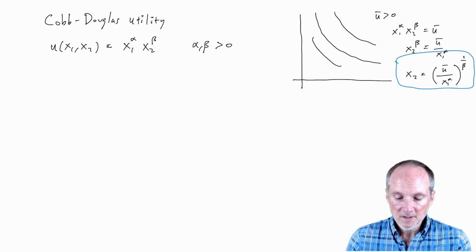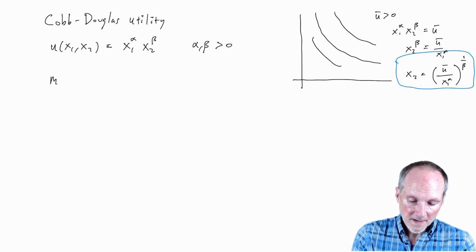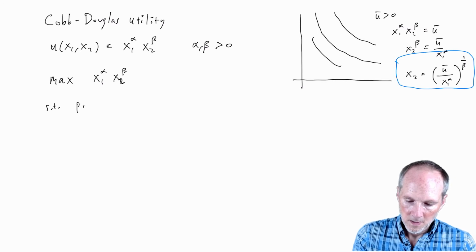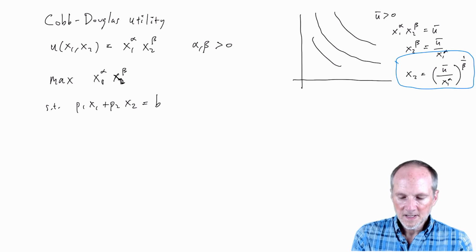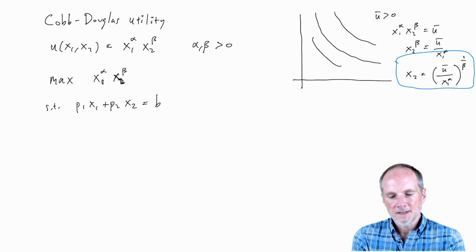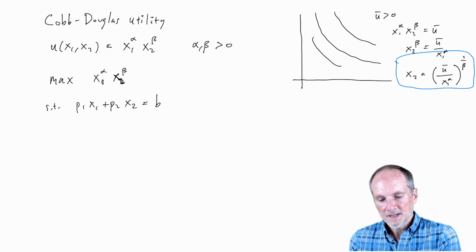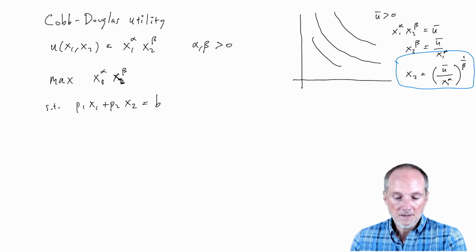So this is Cobb-Douglas utility, and we're going to maximize this utility, subject to the budget constraint. I've claimed that this geometric insight translates into a system of equations.